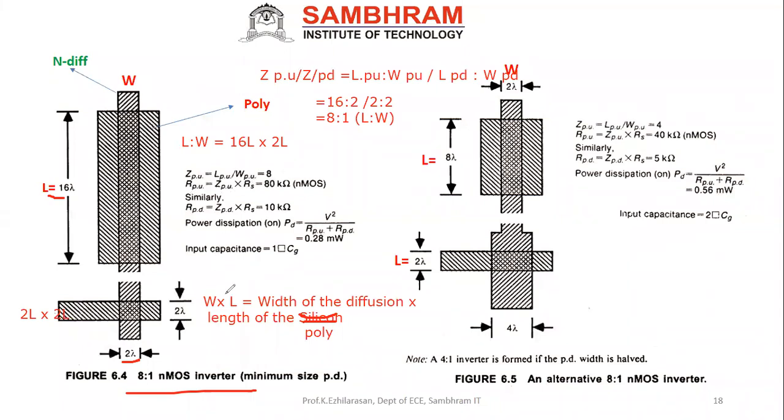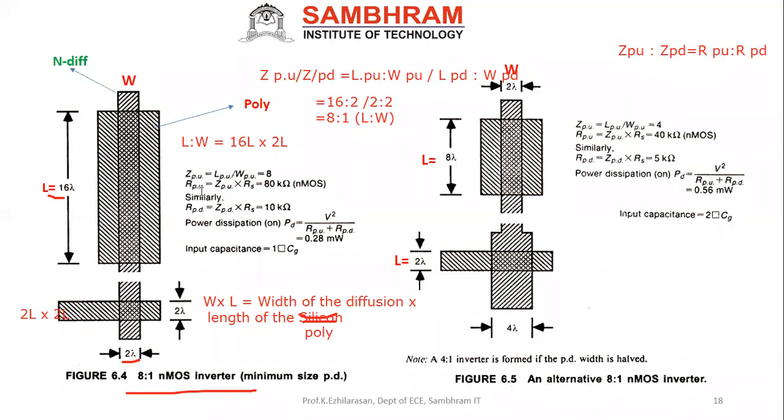Because this is a pull up transistor, ZPU by ZPD is the ratio, ZPU colon ZPD is equal to RPU colon RPD. So this is the ratio of the pull up resistance to the pull down resistance.